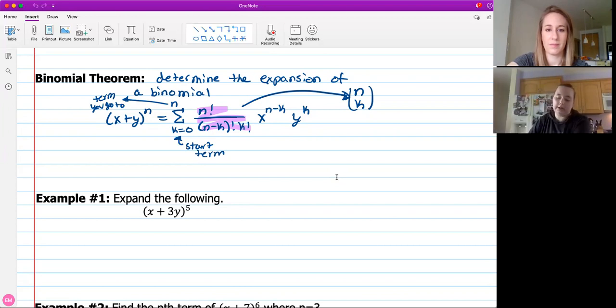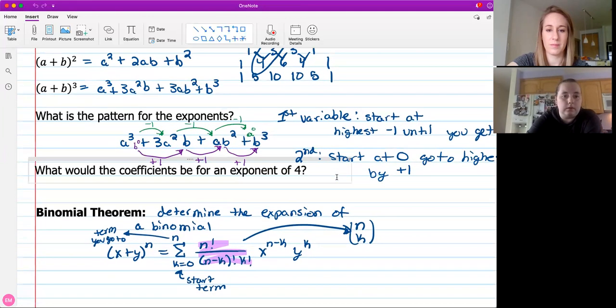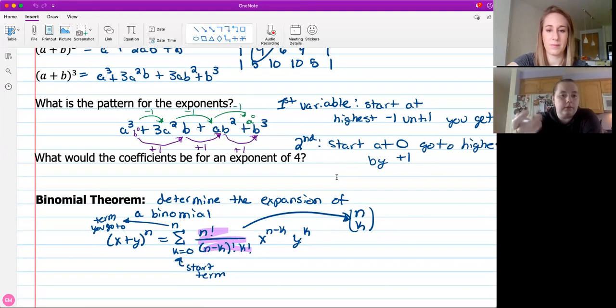So like if you had, for example, the A plus B cubed right there, for each coefficient that you would do, you would take your K, so that's the term number. So here we would have, if this is term, does that count? That's term 1. Yeah. So that would be your K value for that one.